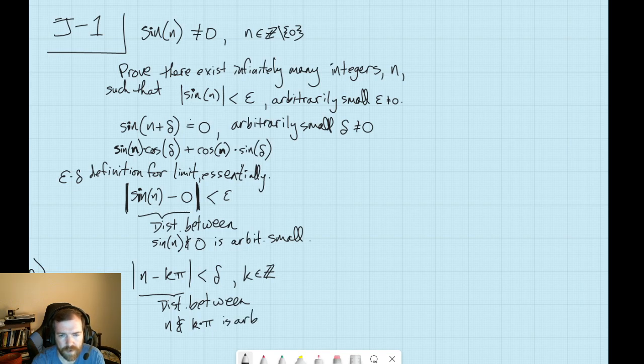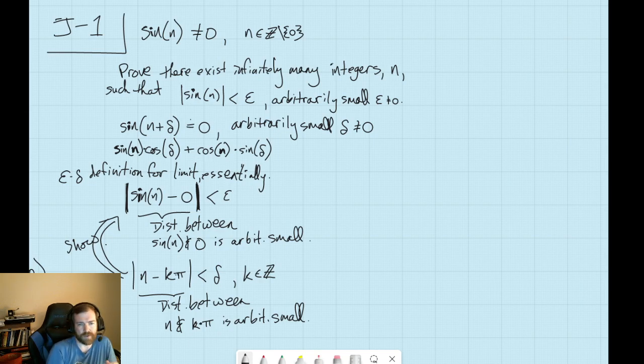Is arbitrarily small. And realistically, we have to show that this is true. Show the implication that if we start with the distance between our two x values, our two input values, then we end up with that relationship.